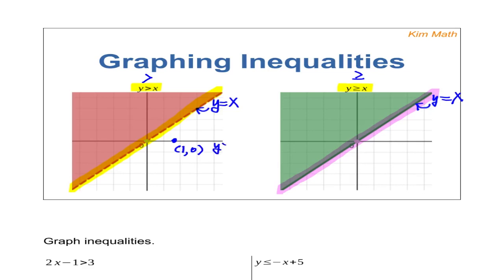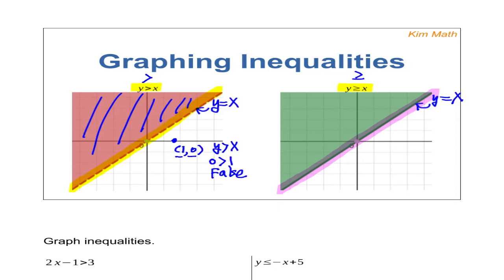The inequality is y is greater than x. Now if you plug in the x value and y value, 0 is greater than 1, and we know that this is false. So our selected point is not part of our answer. Okay, so we must choose the other side.